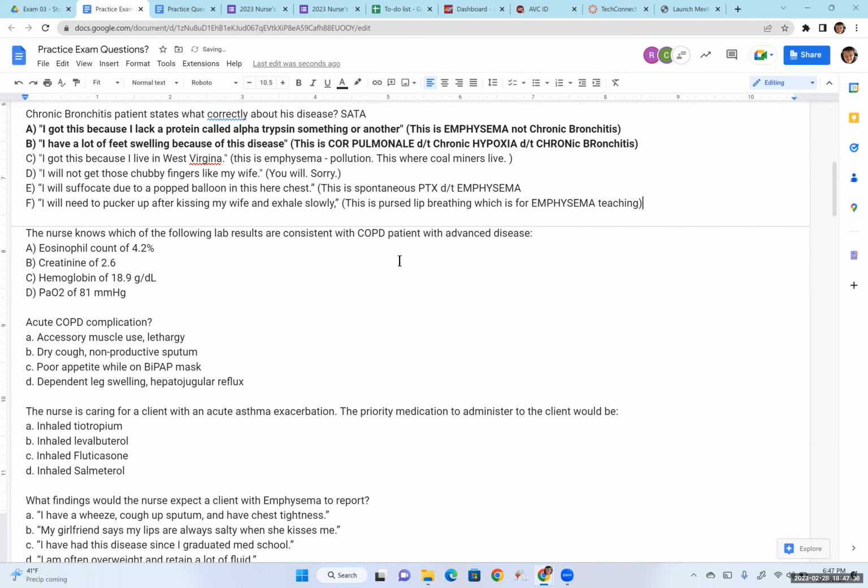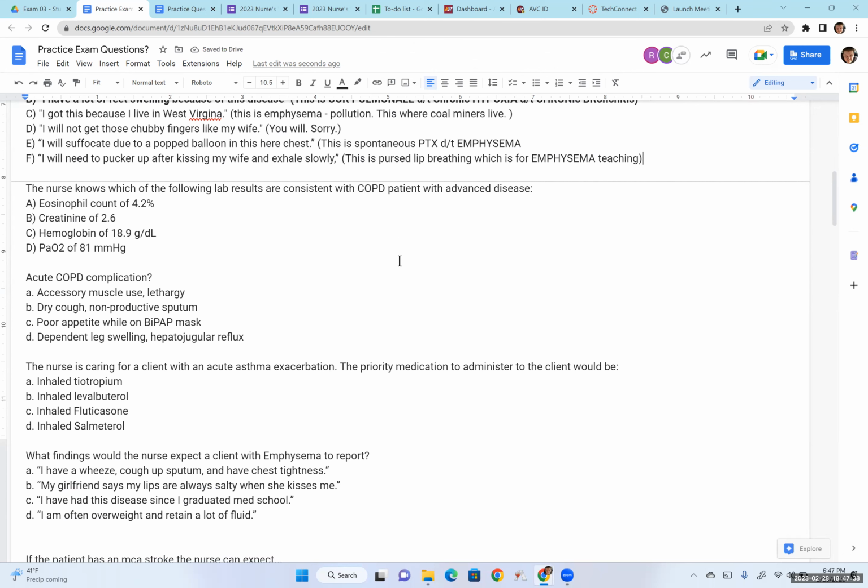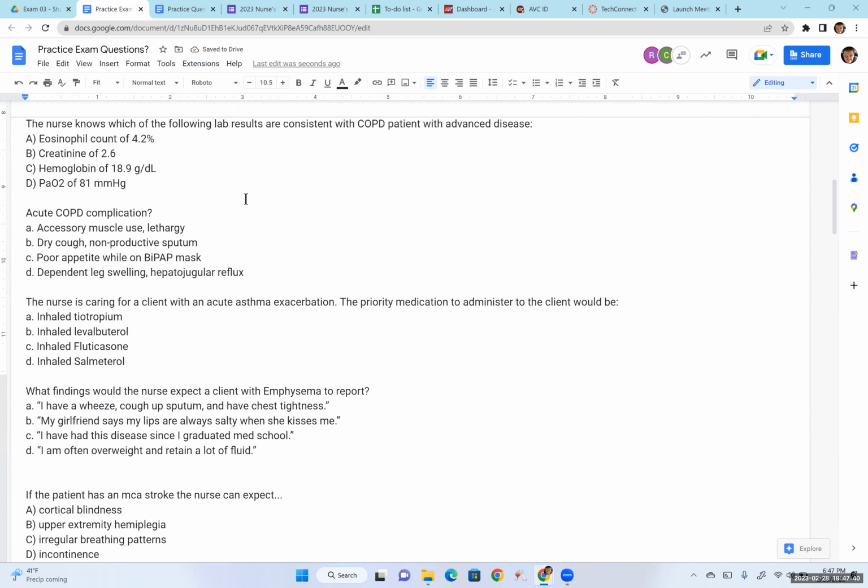Okay, nurse knows which of the following labs are consistent with COPD with advanced disease. So I didn't tell you a correct eosinophil, but I probably skipped this one. I wouldn't give you this, but they don't have renal failure. This is not related.